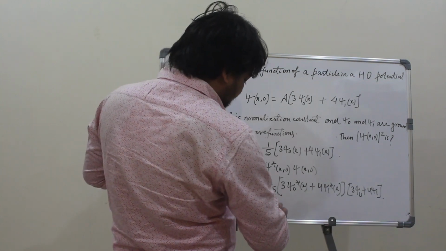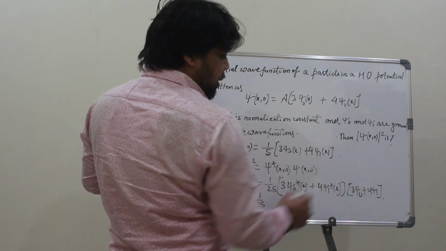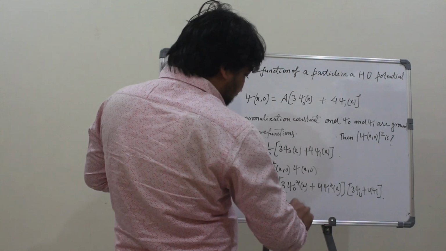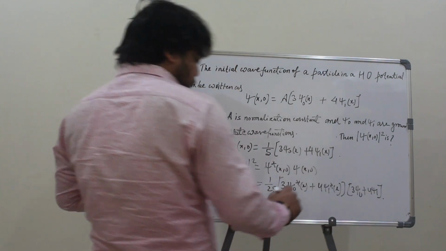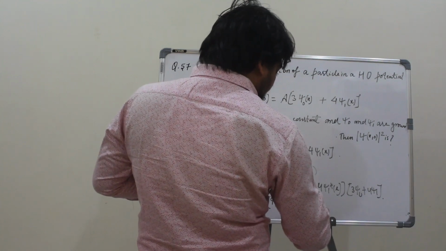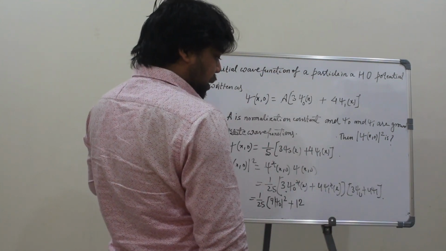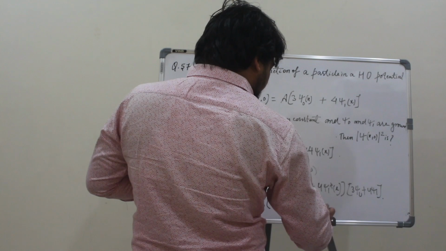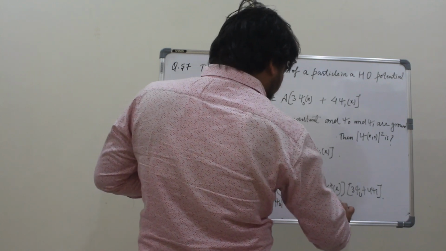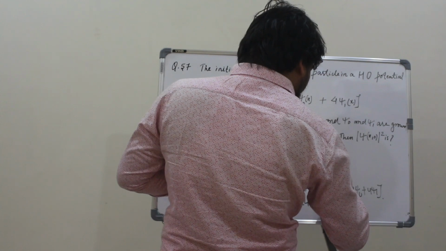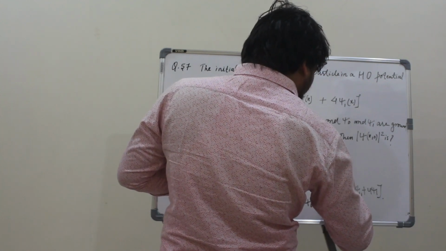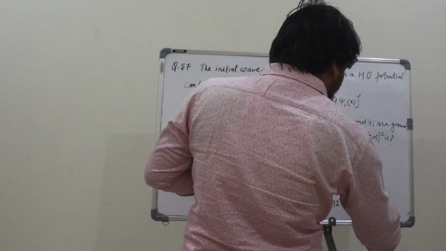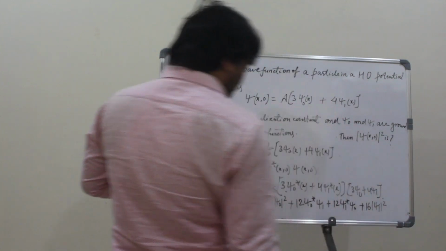So this 1 by 25 gives you 3 multiplied by 3, which is 9 psi naught square, plus 3 multiplied by 4, which is 12, psi naught star psi 1, plus 4 multiplied by 3, which is 12, psi 1 star psi naught, plus 16 mod psi 1 square, right?